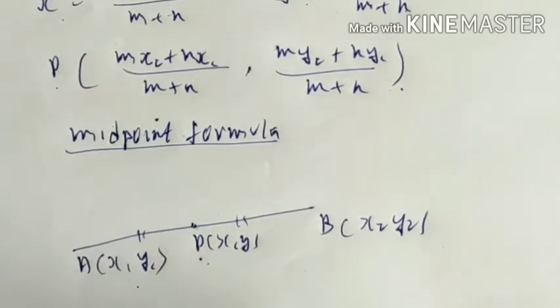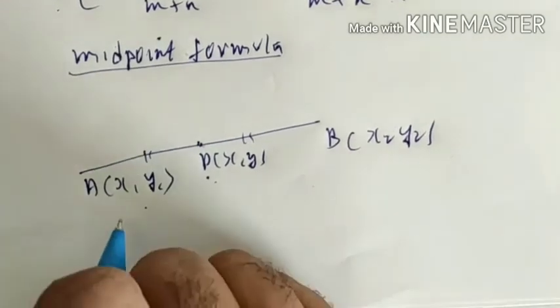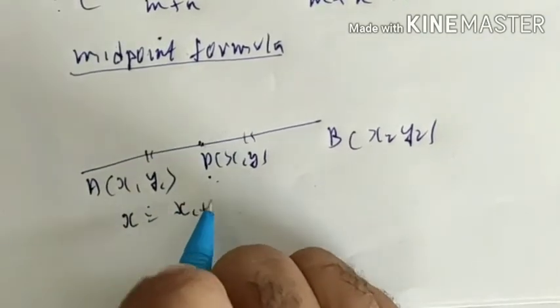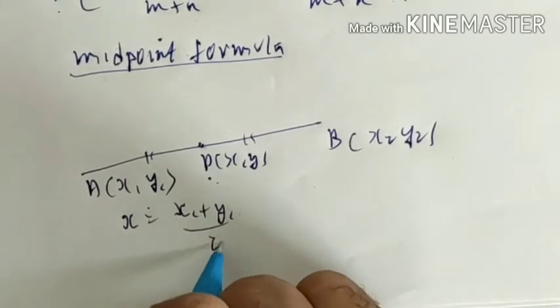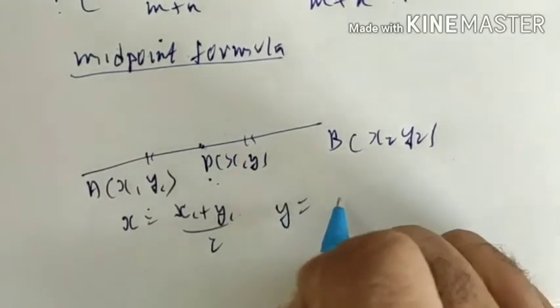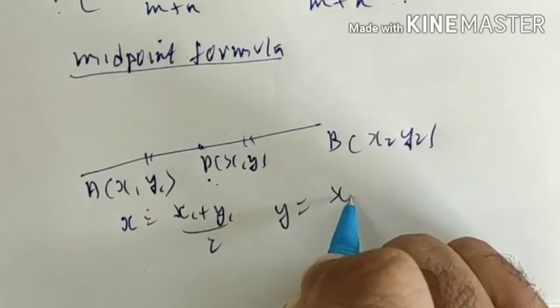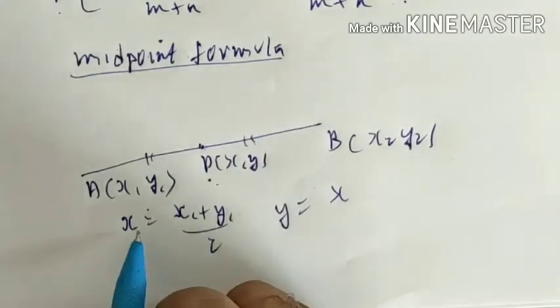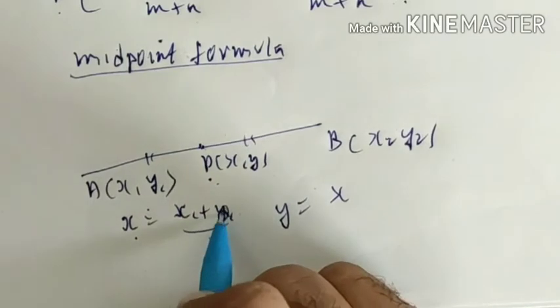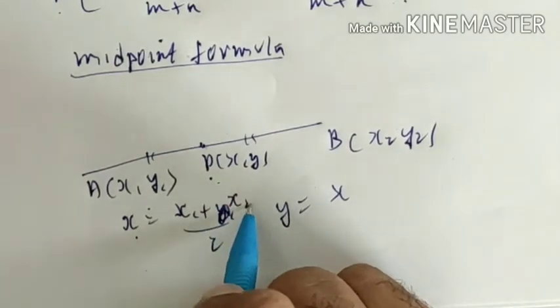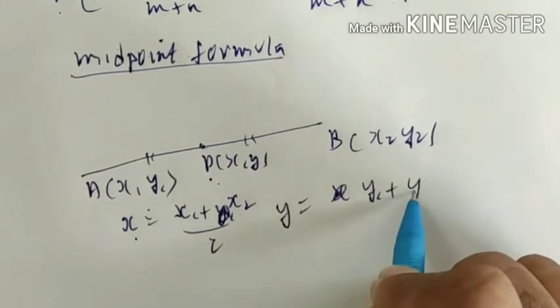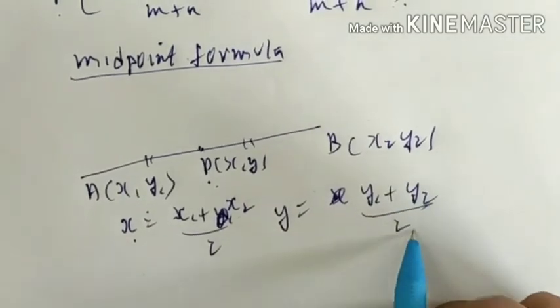Now what is our midpoint formula? Midpoint formula is given by x is equal to x1 plus x2 upon 2, and y is equal to y1 plus y2 upon 2.